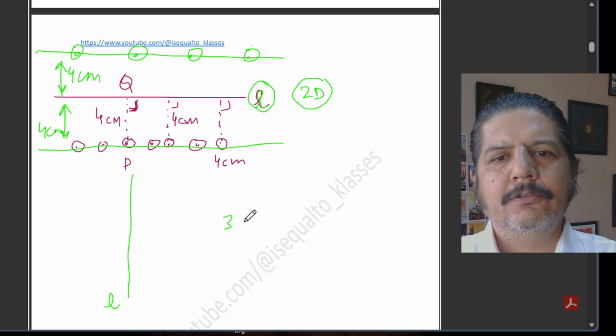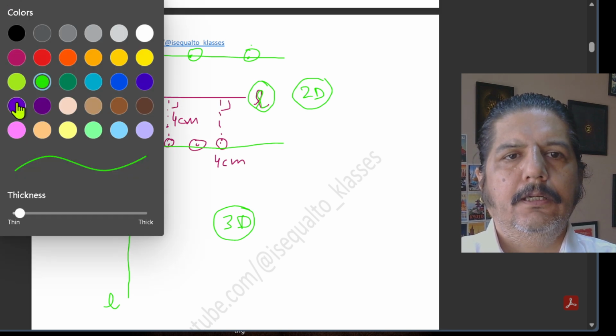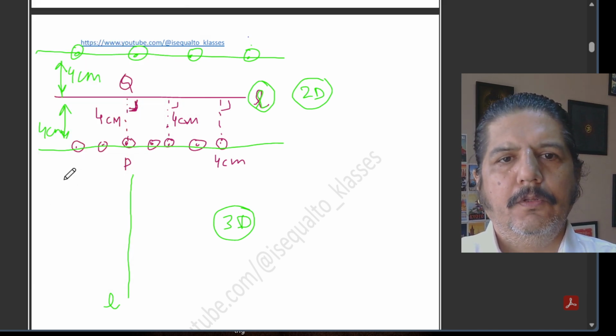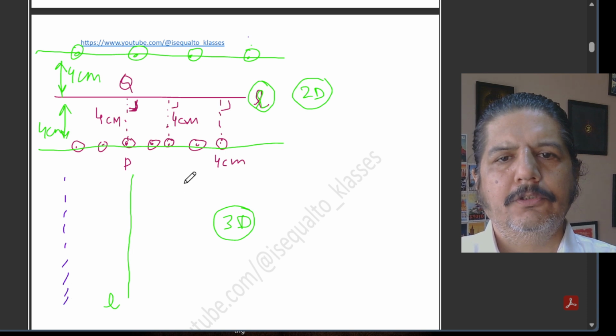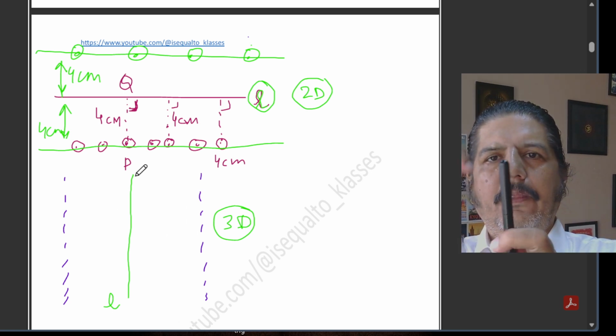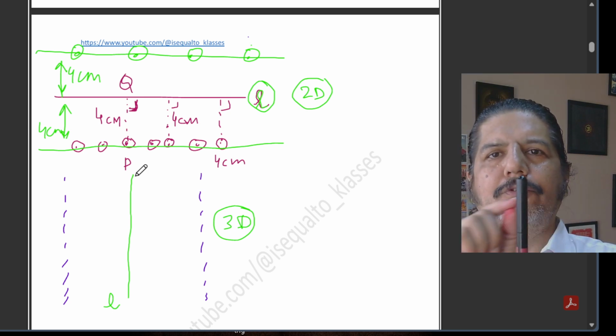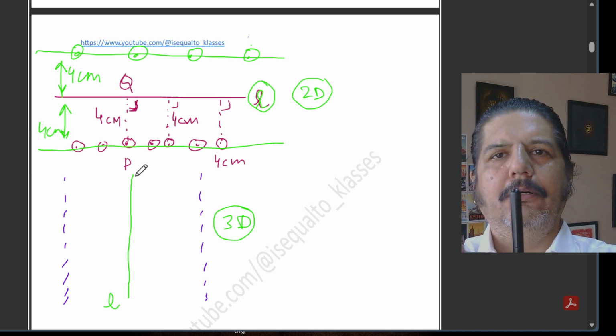But if I consider this question in 3D, what will happen is that this would be the path which is 4 centimeter. But along a line, there will be a sort of cylinder where each point on the cylinder would be 4 centimeter from this line.